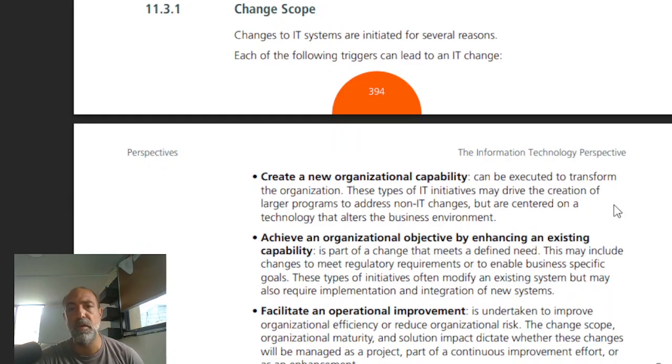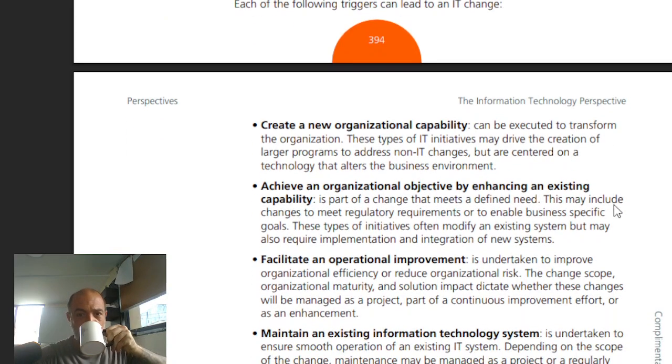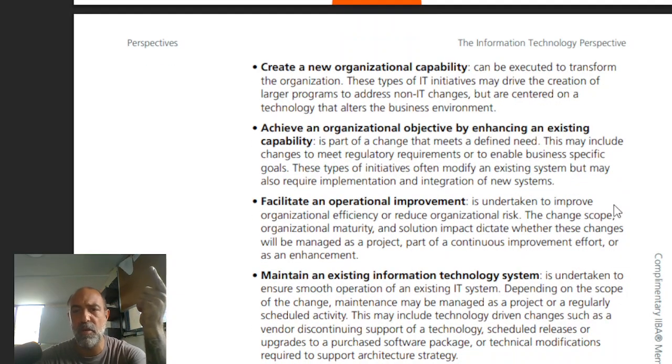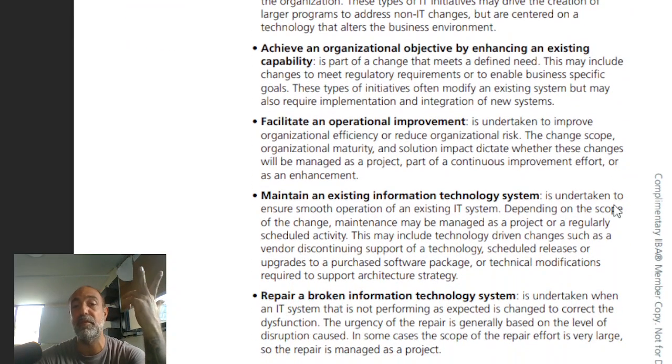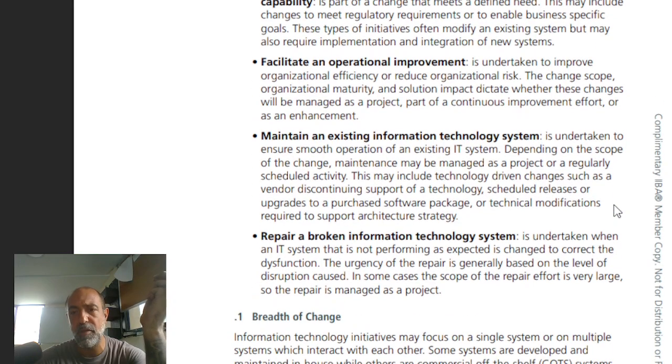Changes to IT systems are initiated for several reasons. Each of the following triggers can lead to IT change: create a new capability, achieve an organizational objective by enhancing an existing capability, facilitate an operational improvement such as efficiency or effectiveness, and maintain an existing information technology system.